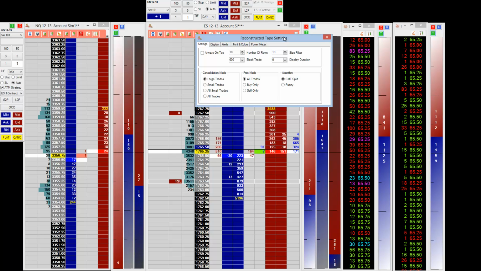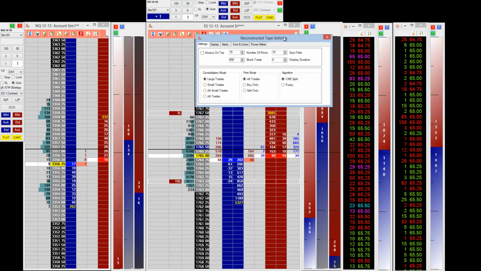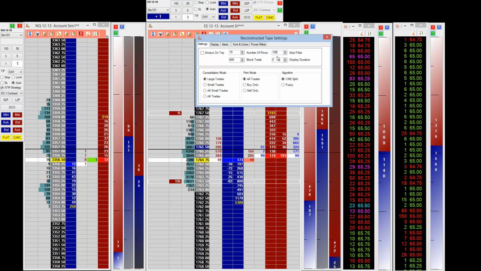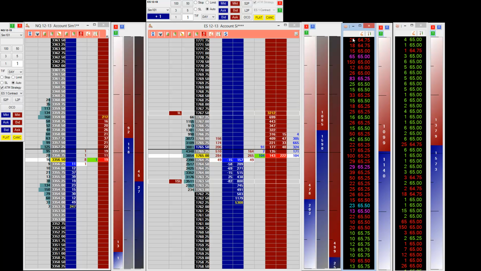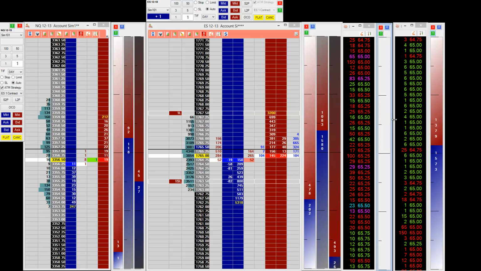The reason we've got the power meter on the reconstructed tape is purely because you can put filtering on, and filter for just the large trades. So you can have a strength meter, and I'll just reset that. That strength meter will now stay empty until a trade of more than 100 contracts comes in.